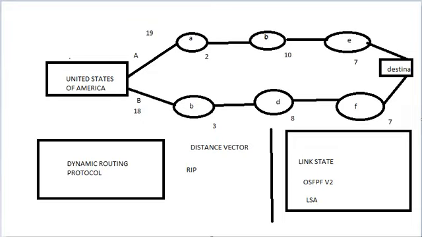So in a distance vector routing protocol like RIP, to go from one point to another, it calculates the cost in a different way. They refer to it as the hop count, each router being a hop in the path.